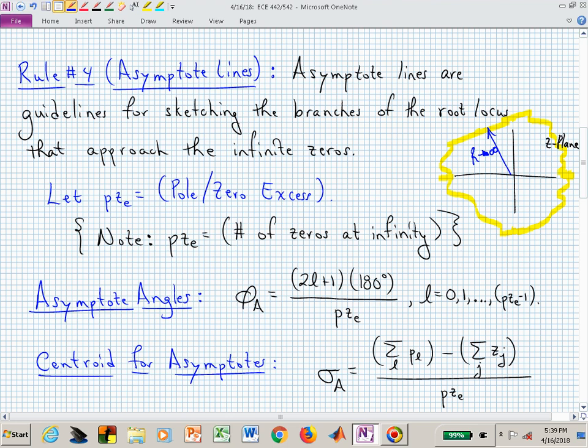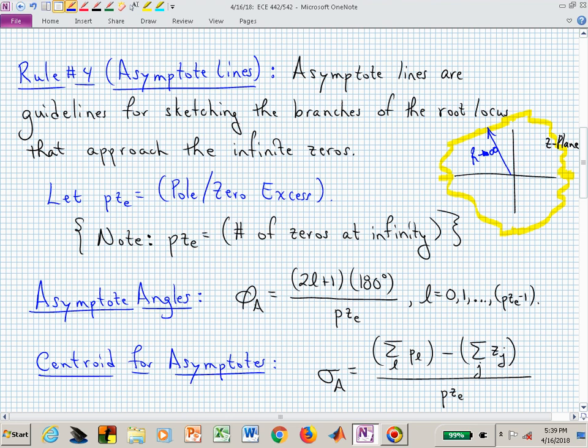And sigma sub A is determined by simply summing up all of the poles values minus the sum of all of the zeros locations. I'm sorry, did I say angles? Poles value, not angles. The sum of all of the poles values minus the zeros values.